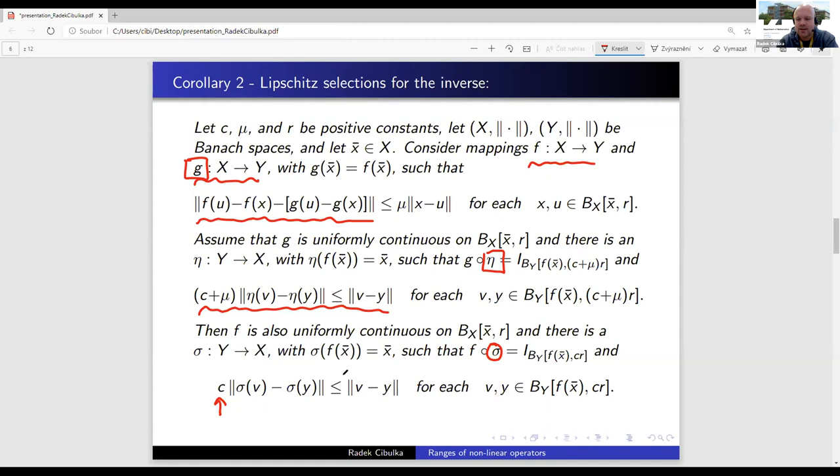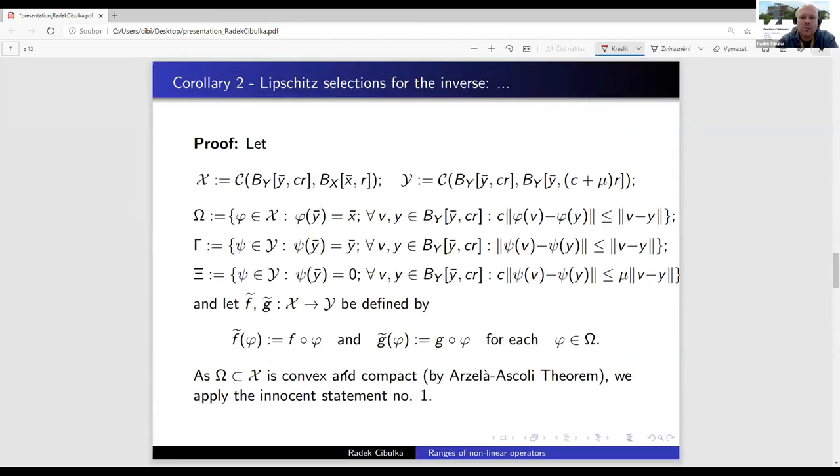So this is the corollary, and just again to show how the proof works, you apply the abstract statement in function spaces. My X will be the space of continuous functions from y to x, and Y will be the space of continuous functions from y to y. And your set omega is defined in such a way that it contains Lipschitz functions.